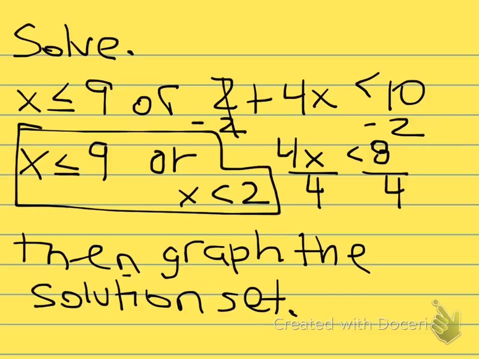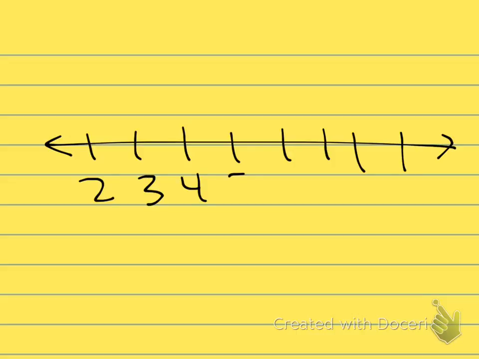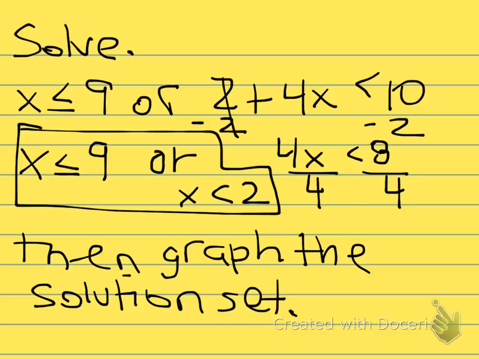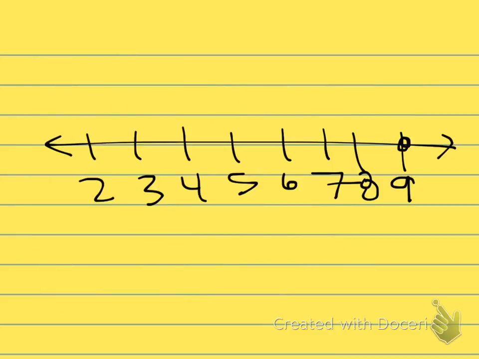And again, I need to graph them. So I'd put a closed circle at 9, and that is less than, so that is going this way.